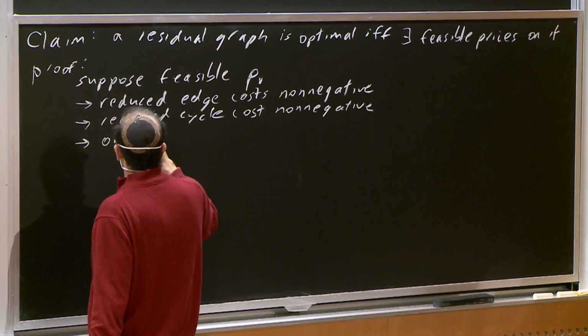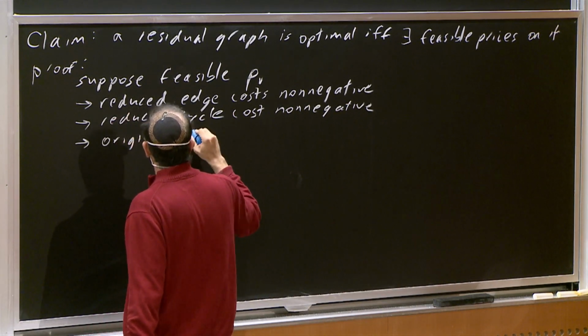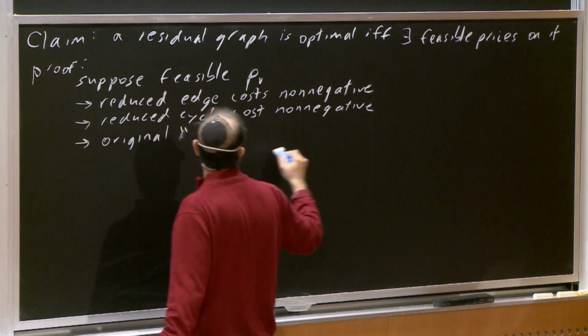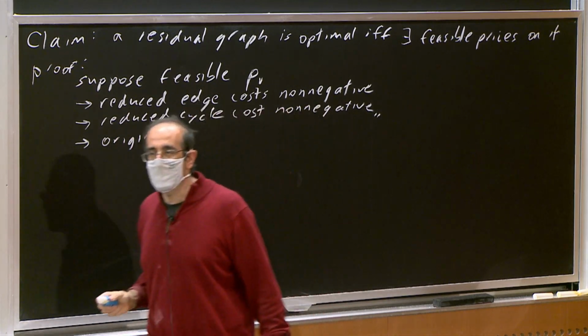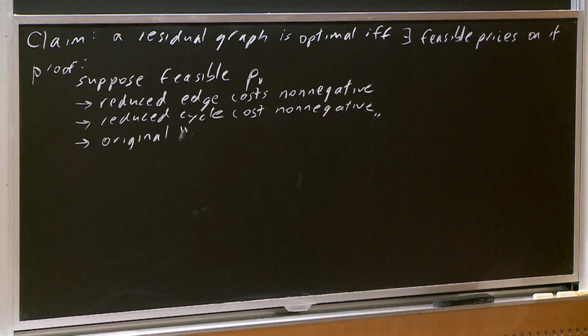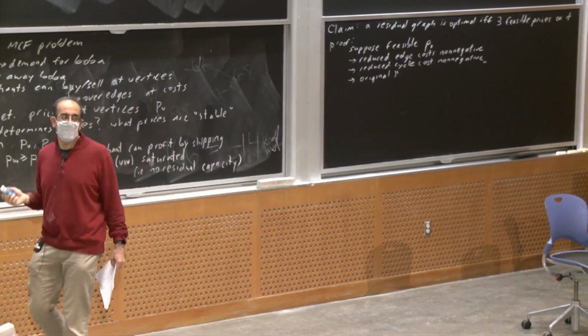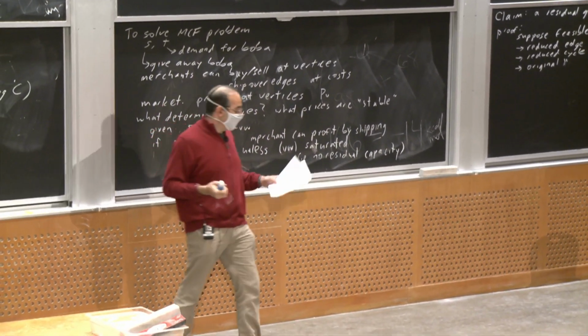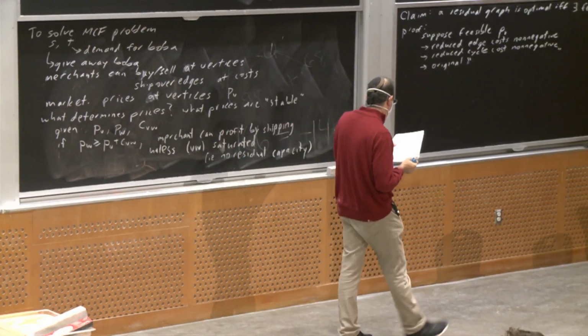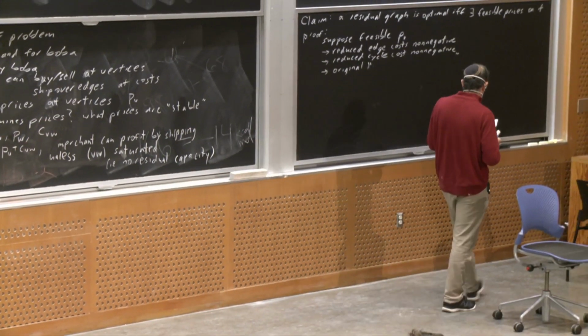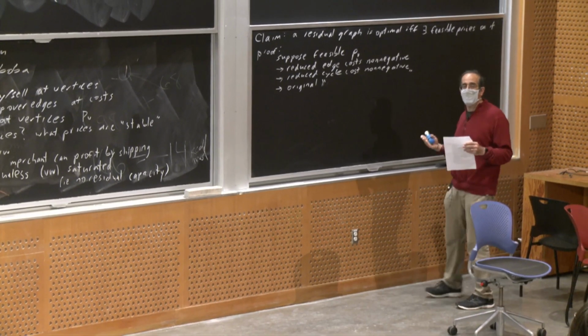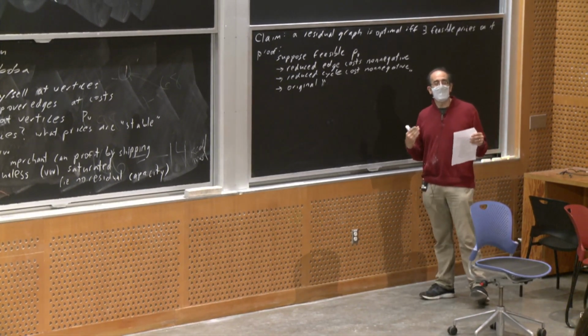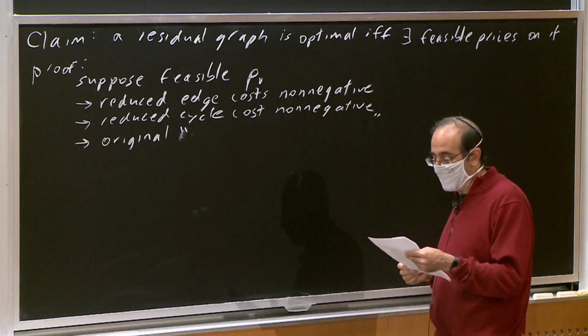But the original cycle costs are the same as the reduced cycle costs. And so the original cycle costs in this residual graph are also non-negative. And therefore, the residual graph is optimal. The circulation or flow that produces this residual graph is optimal. Okay? And so again, what's critical here is the way that the costs telescope under these price functions.